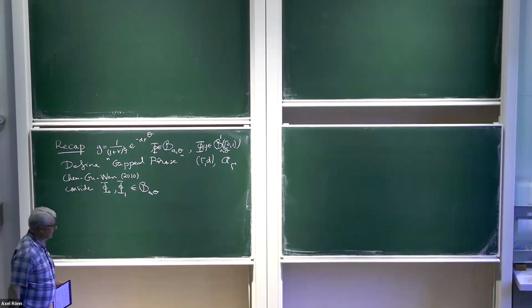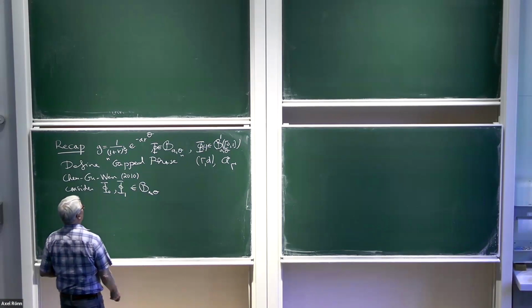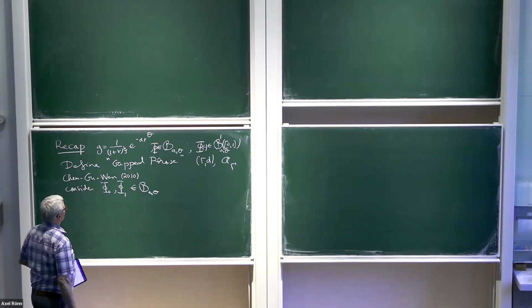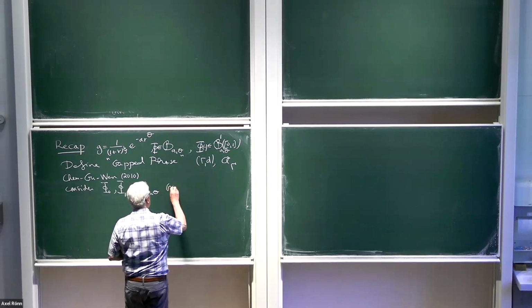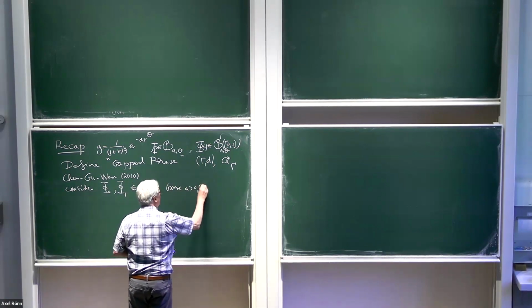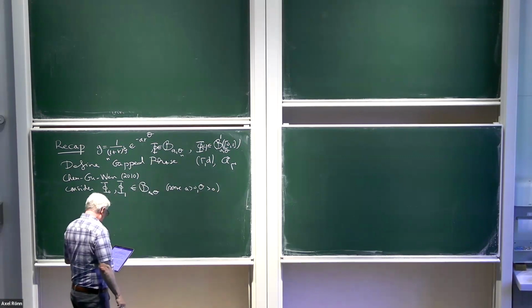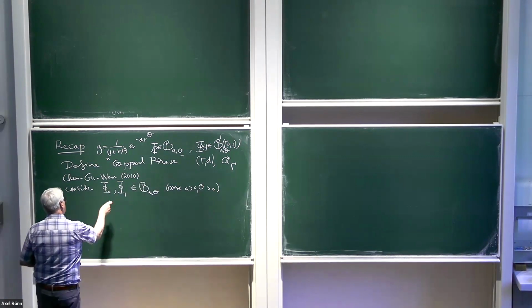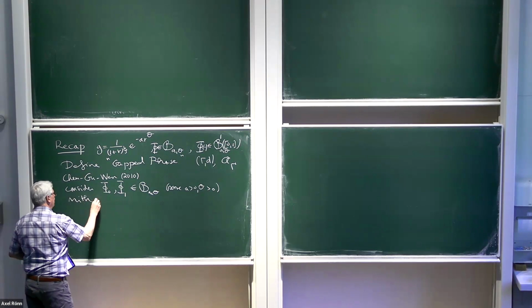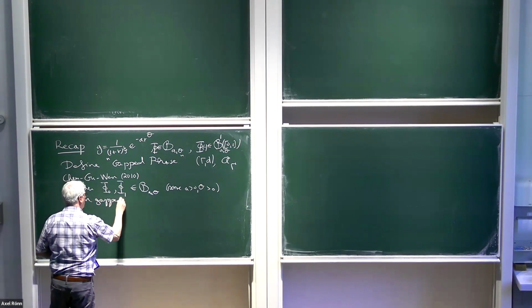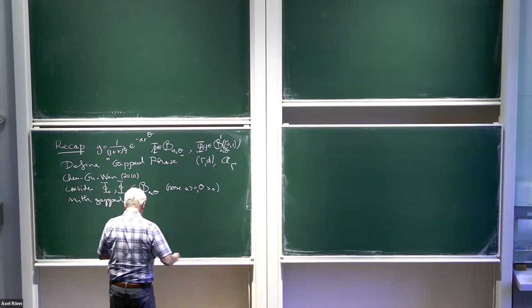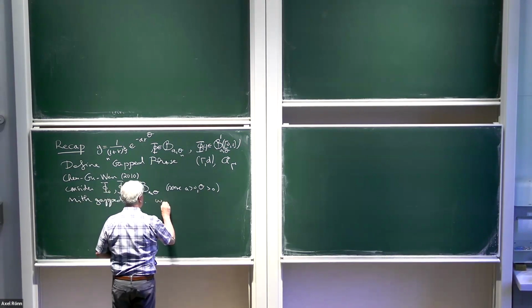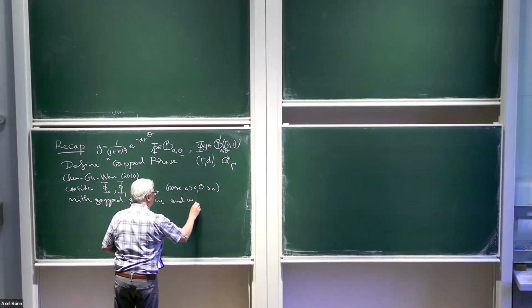I could actually leave the parameters open, but I'm going to have my theta strictly positive and my A strictly positive for the discussion. So some A positive, theta positive. And suppose that they have gapped ground states. Let's call them omega_0 and omega_1.